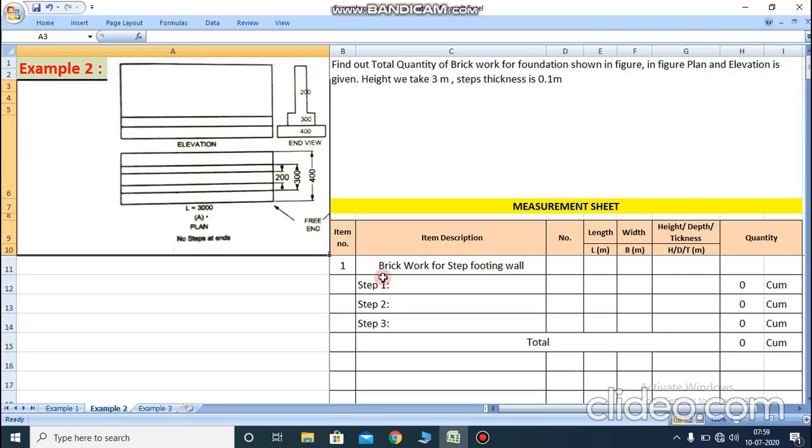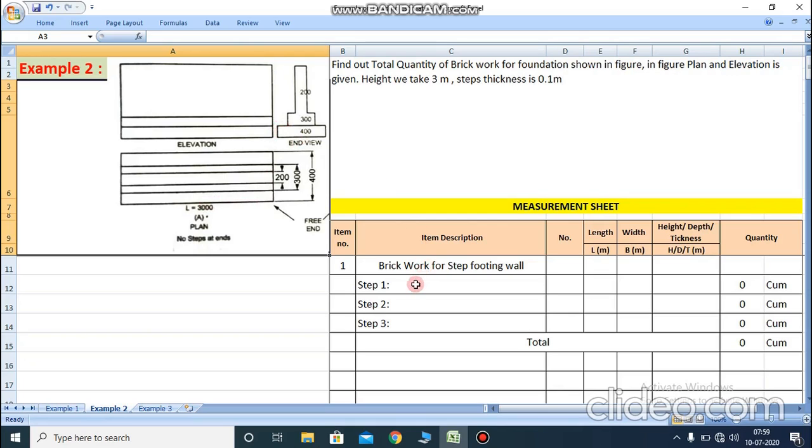Clear? So first, step 1: how to calculate the brickwork for a step footing for a wall. Here first we start from the bottom of the brickwork. See this cursor. From the bottom of the brickwork, 400 mm width and total length is 3000 mm, and thickness we take 0.1 meter.